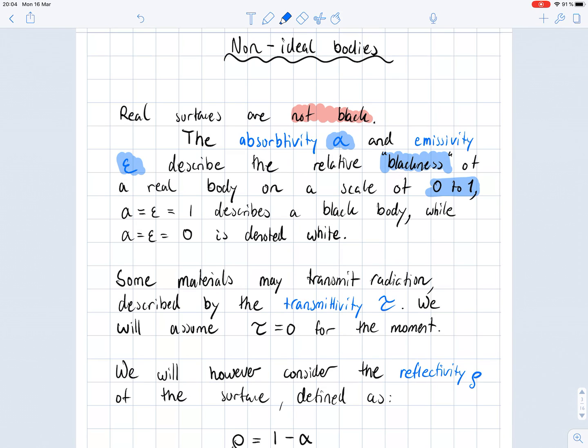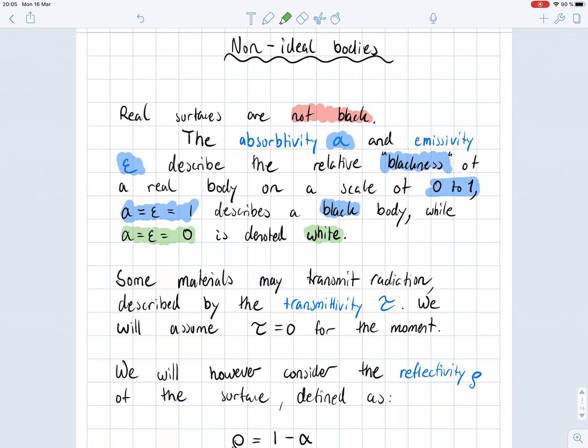If alpha and epsilon equal 1, the body is black. On the other hand, if alpha and epsilon are equal to 0, then the body is white, which is the opposite of a black body. It will reflect all incoming radiation.